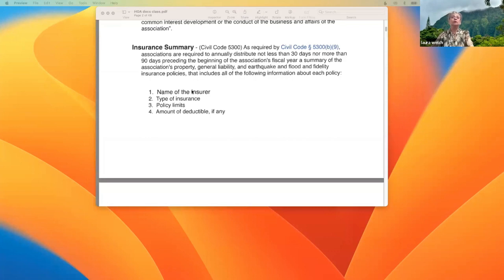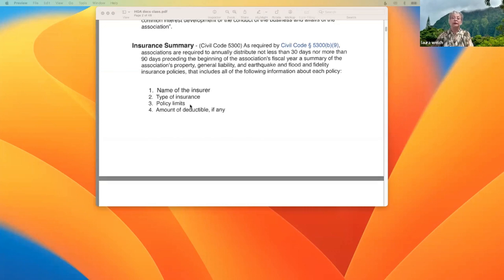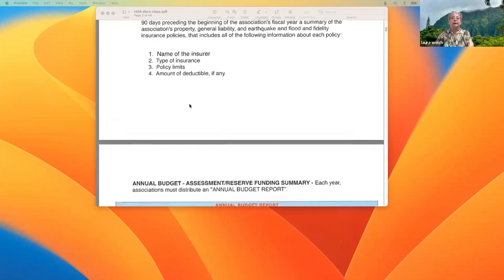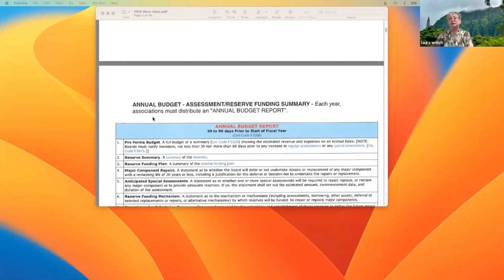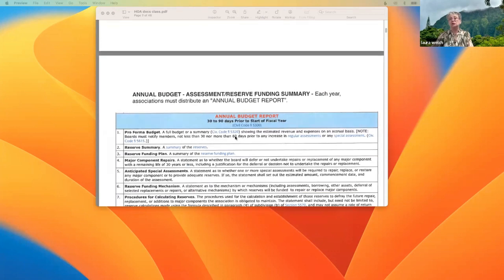Also, what you will find in the annual budget a lot of times is the name and contact information of the HOA management company that is managing the HOA for you, not the board, but the HOA company, because we need that also. And annual budget. You guys, you can read through this yourself.